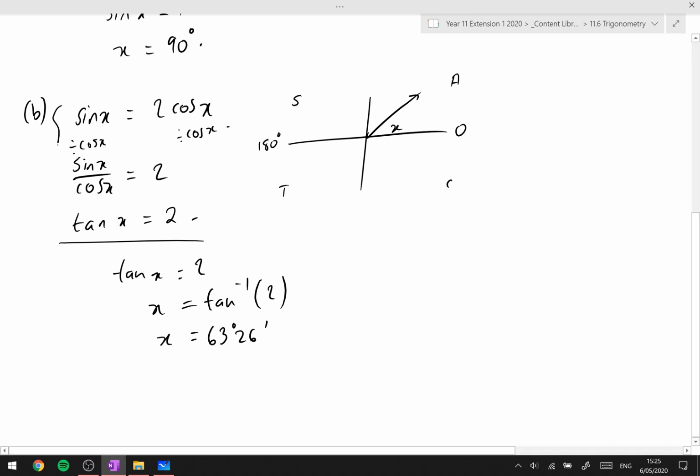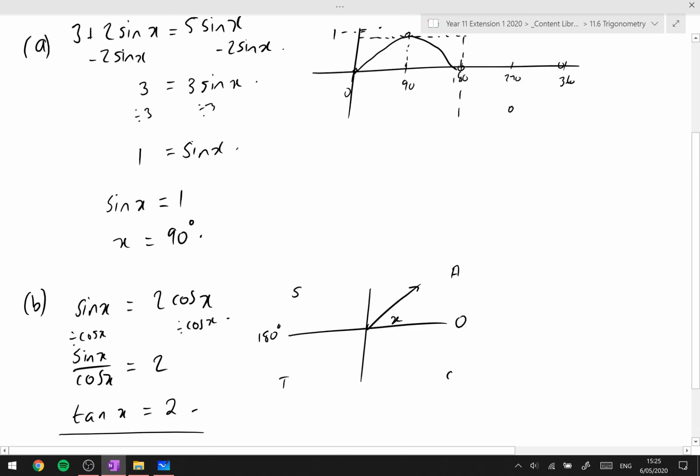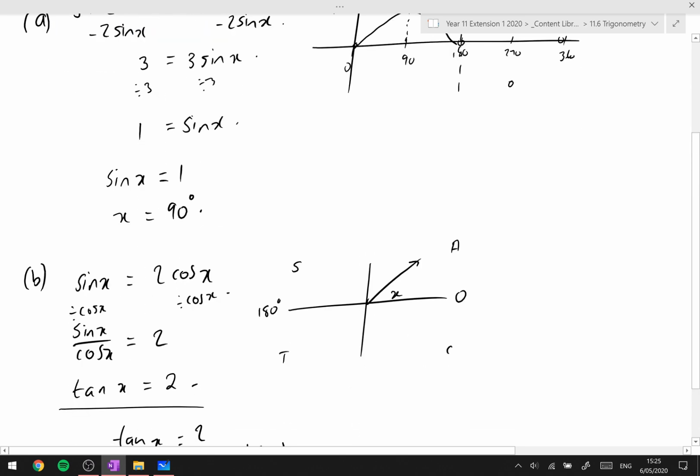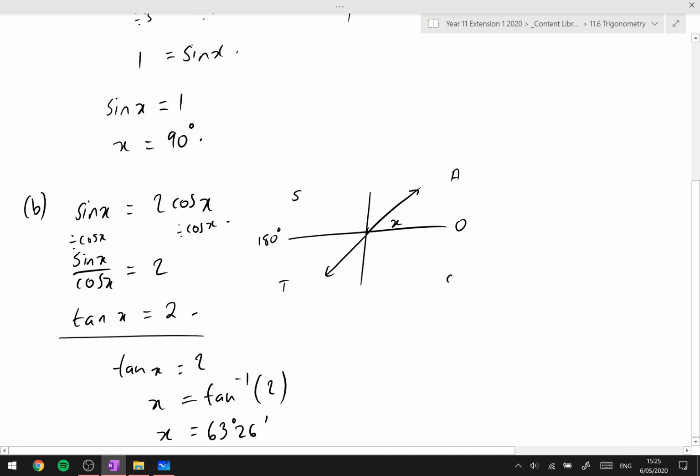So start off by rearranging your trig equation until you've got something that you can actually work with, okay? Once you've got that, draw a picture of all the information that you're given, omit anything that you don't want, and then try and solve, okay? So if it was between 0 and 360 instead, so if this restriction up here actually said 360 degrees, then we would include that angle there.